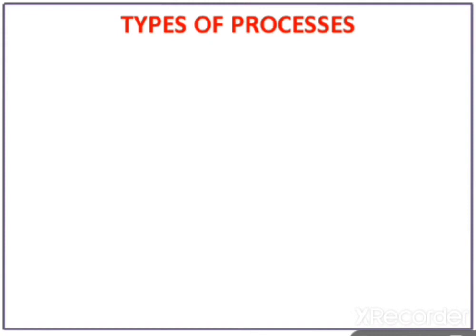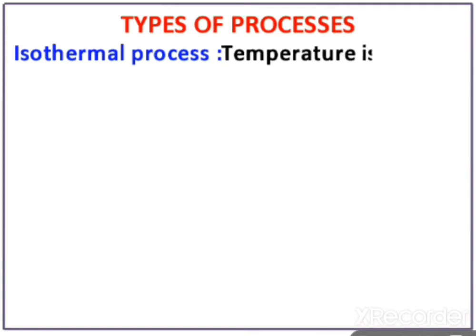Now the last topic is types of process. The first process is the isothermal process. This means those reactions where temperature is constant. Such types of process are called isothermal processes.